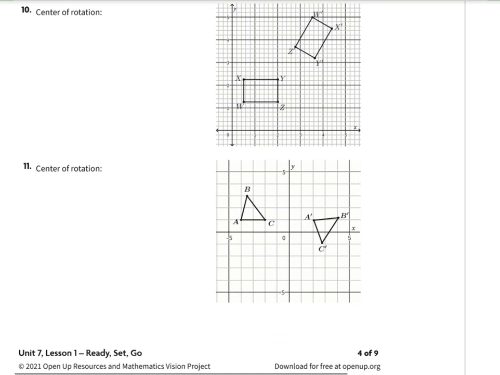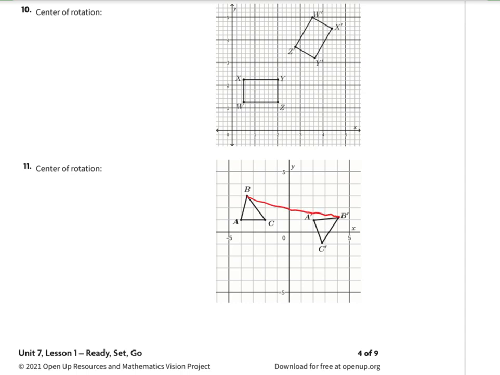Let's jump down to 11. We get the center of rotation. There's lots of things that we need to do here. We basically want to make lines. And I actually don't even have a construction tool that I can use on here.